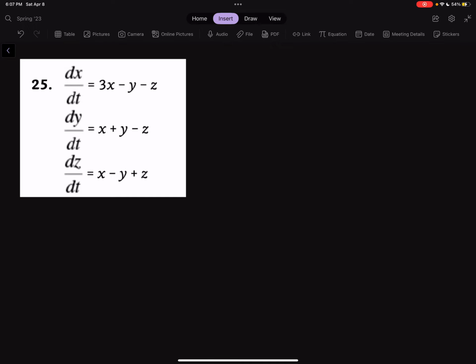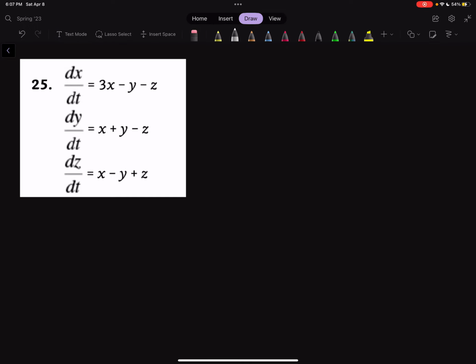What we want to do in this problem is try and solve it. So the first thing that I would do is write it in matrix form with the prime notation, which makes it a little bit easier to read, at least in my opinion.